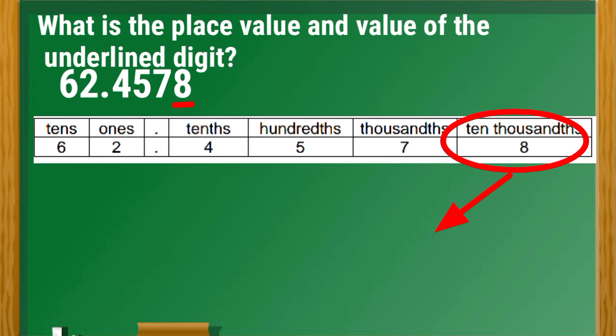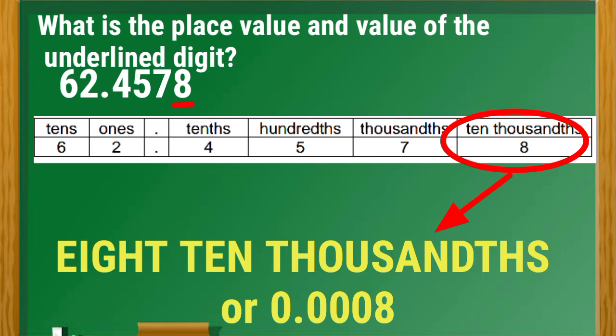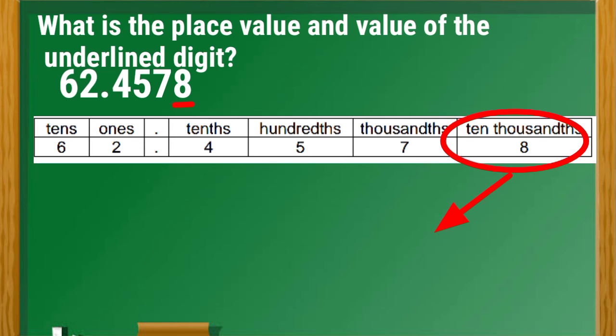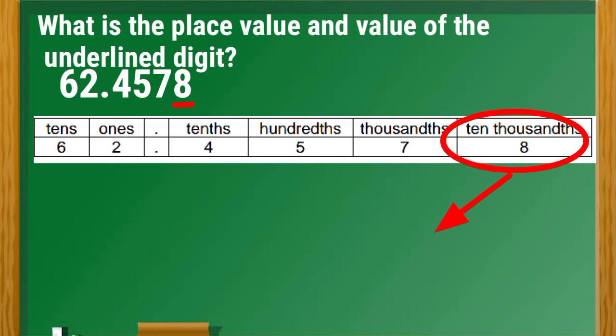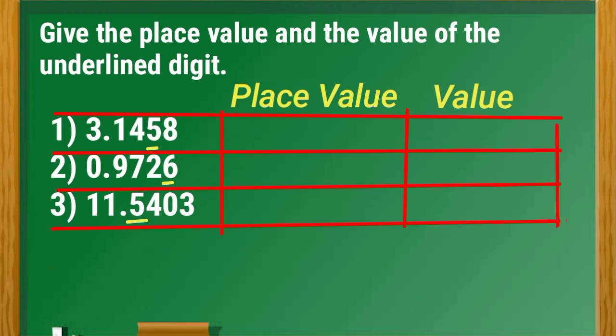So all the digits to its left will become zeros. So the digit 4 will become 0, the digit 5 will become 0, the digit 7 will become 0. So we are now done with our examples on how to identify place value and value of a digit in decimal numbers through 10,000ths.